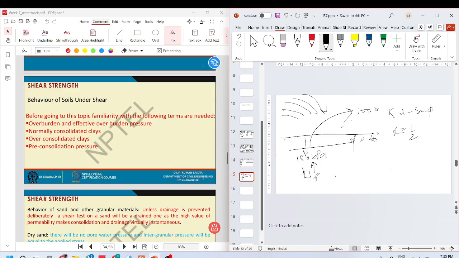It will have plastic loading. It will have changed its shape to accommodate this 180 kPa, and now it will change its nature based on this. Okay, so the pre-consolidation pressure will be this even if you remove the loading.